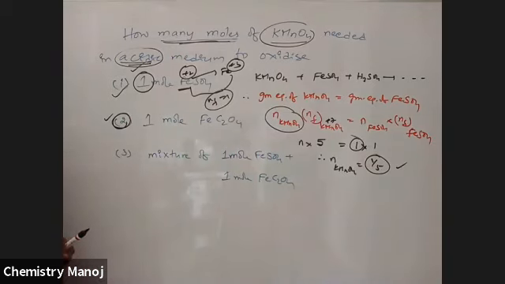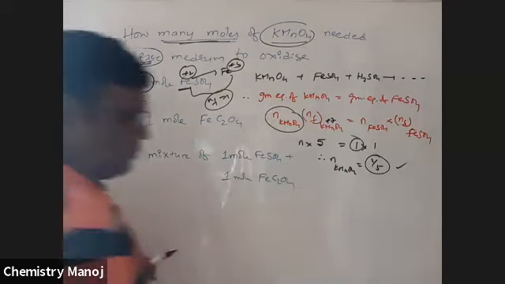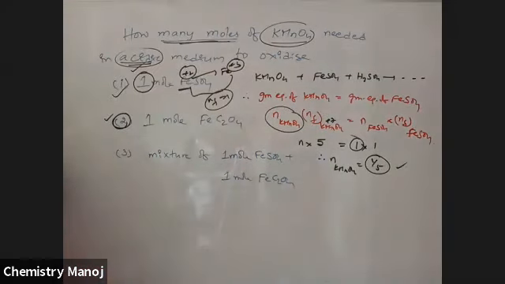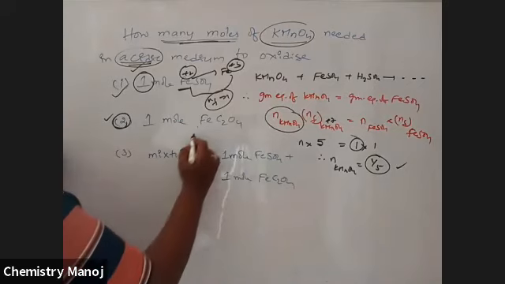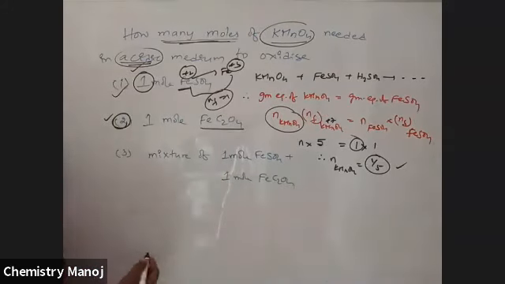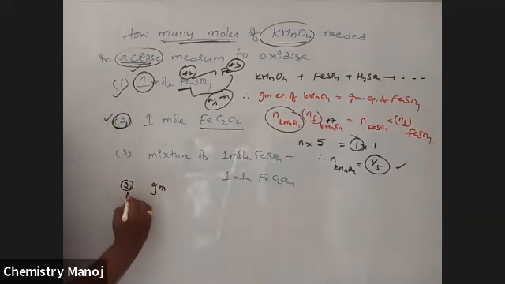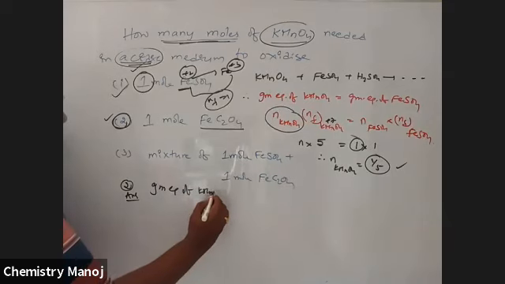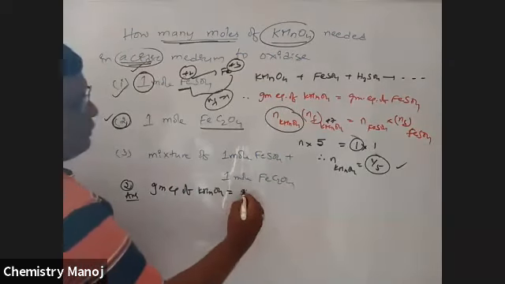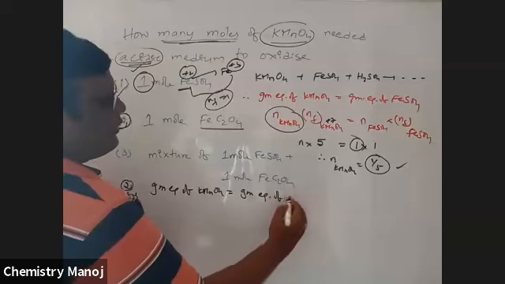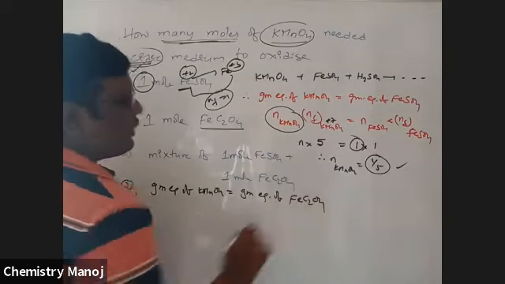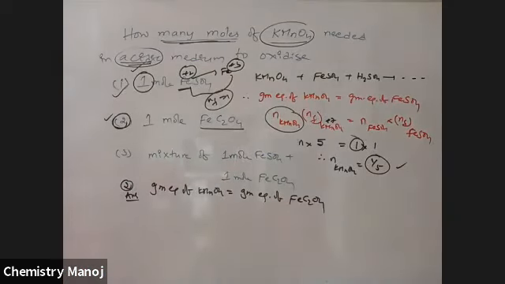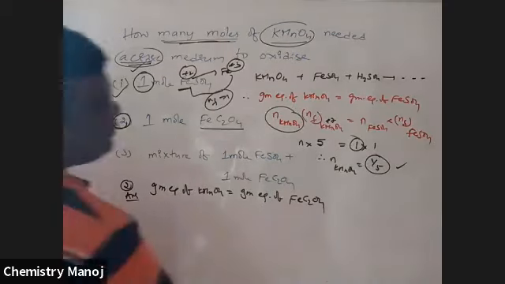Now, in this case, for FeC2O4, the second part answer: gram equivalents of KMnO4 is equal to gram equivalents of FeC2O4.